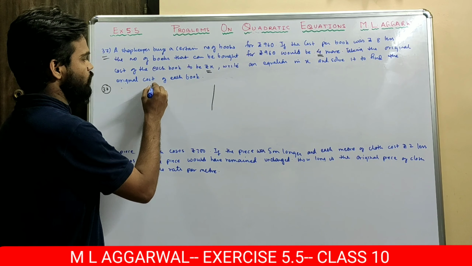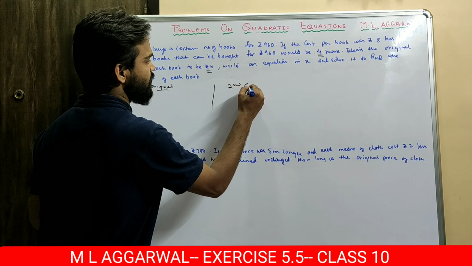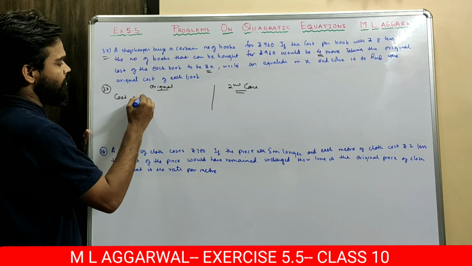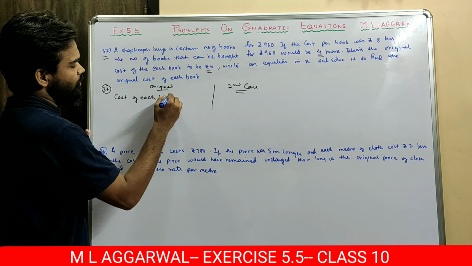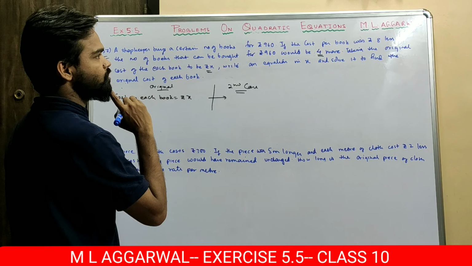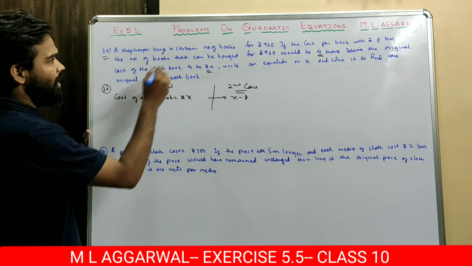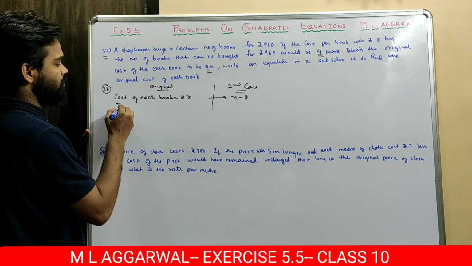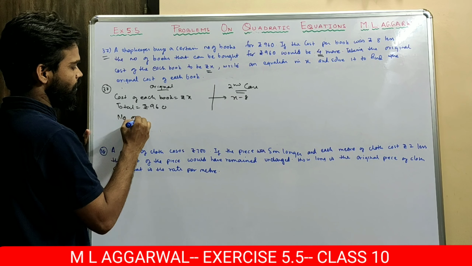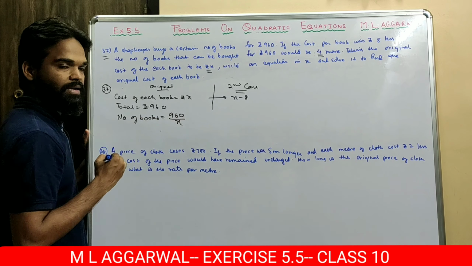Now there are two cases, your original and your second case. In the original, cost of each book is rupees x, and over here the cost of each book is x minus 8. Total you have rupees 960. So number of books that you can buy is 960 by x.